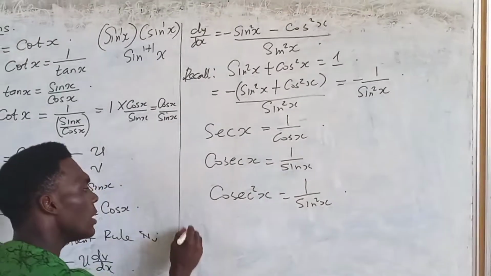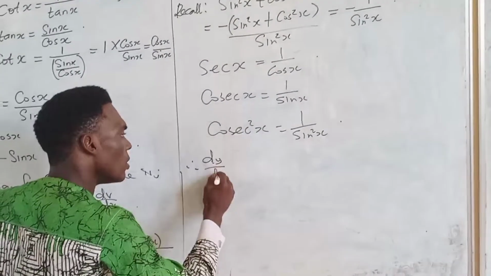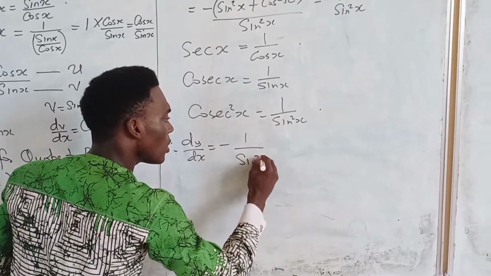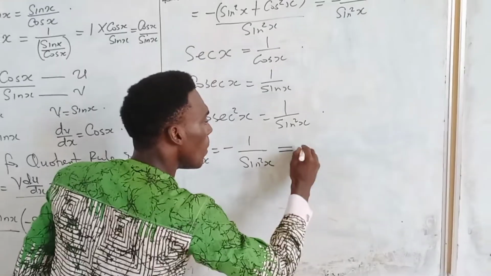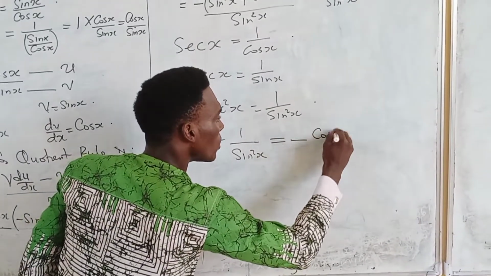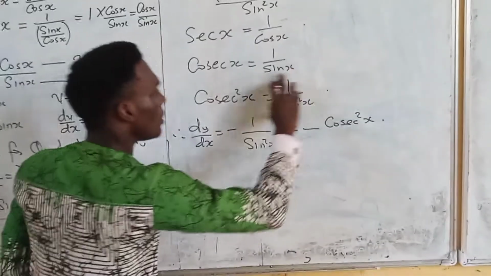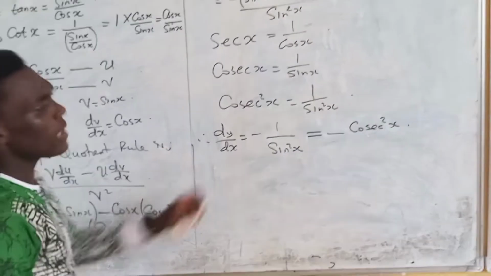So the derivative for this problem will be minus 1 over sin squared x, which is equal to minus cosec squared x. That is the result for the first example.